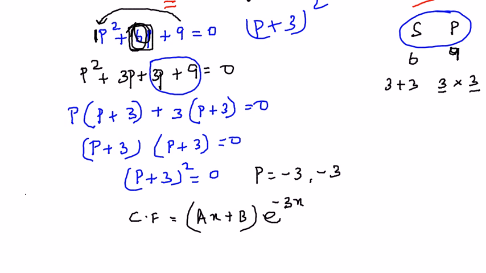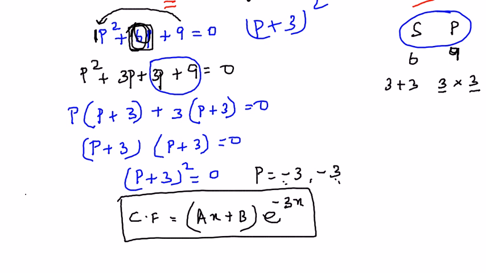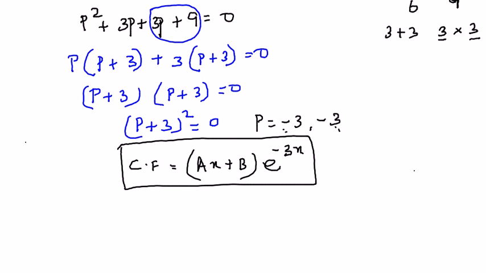Suppose you had two different values here, then the formula will be different. We'll see that later. Therefore, we can write the solution as y is equal to ax plus b into e power minus 3x, which is your final solution.